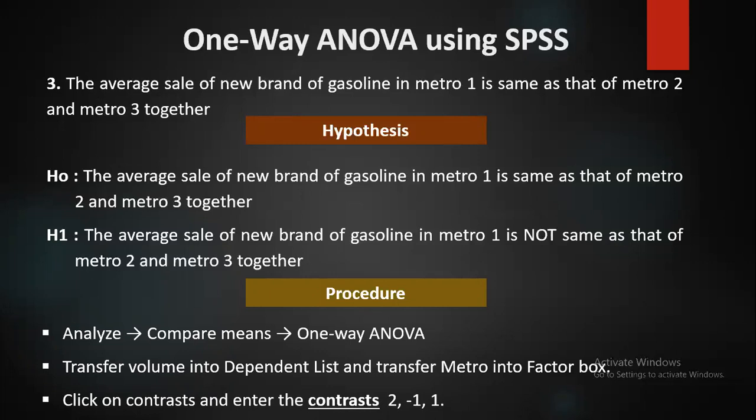Okay, -1 is for metro 1 again, and 1, because we are going to give equal weightage to all of the 3. We have not excluded any of the metro cities this time. So we are going to give the weightages 2, -1 and 1 as the coefficients in SPSS.